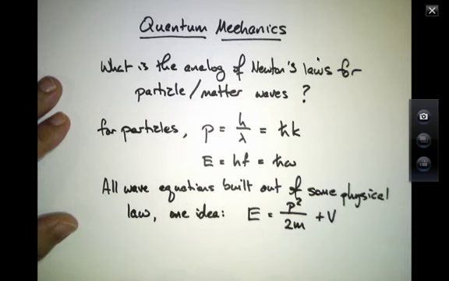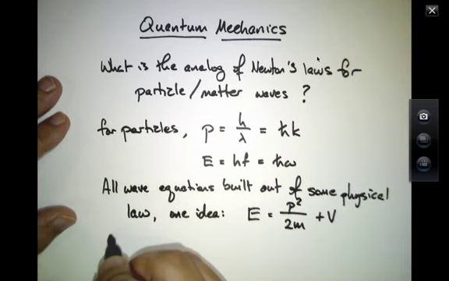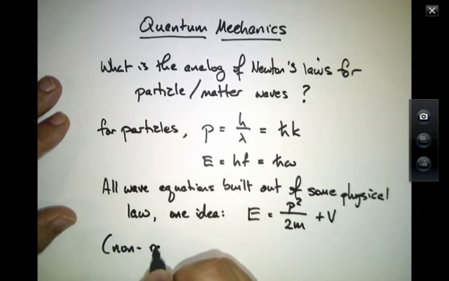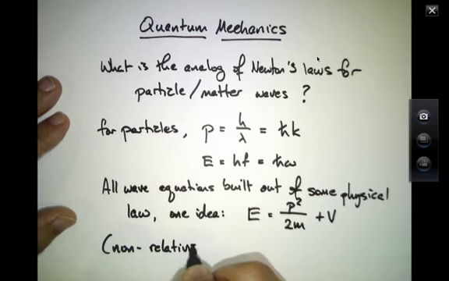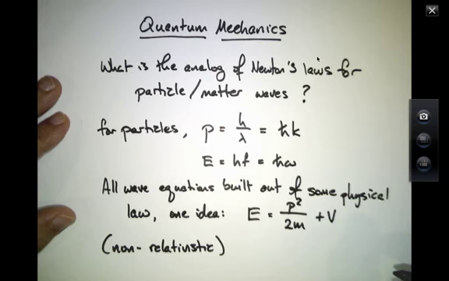Of course, this is non-relativistic. And in fact, if you want a relativistically correct version of quantum mechanics, this would not be a good starting point. You'd have to use our more familiar formula from relativity, which relates the square of energy, the square of momentum, the square of mass. But Schrodinger started out with a non-relativistic expression.